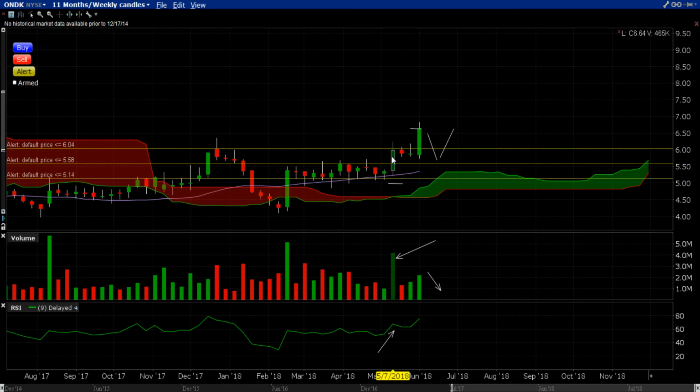Yeah, I think the stage 2 breakout happened here at this candle here. How much volume is this one? 3 million? No, 2 million. Yeah, because of this candle, it's not twice the average of the previous 4 or 5 weeks. But it's not bad.